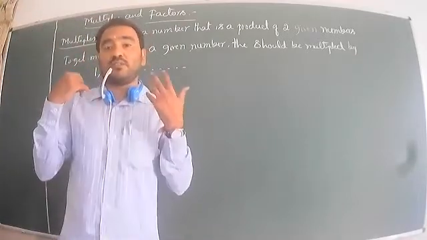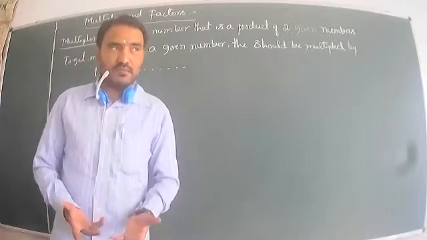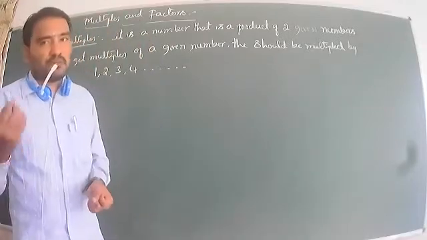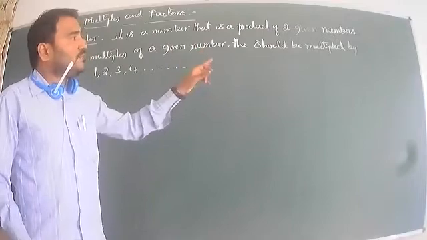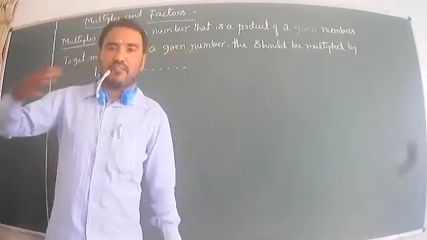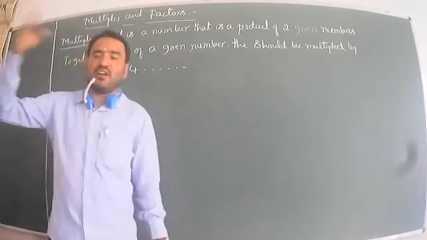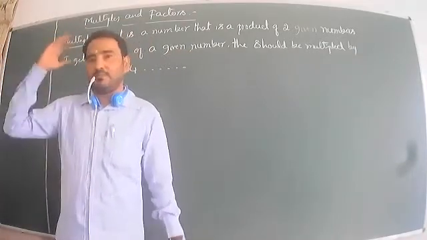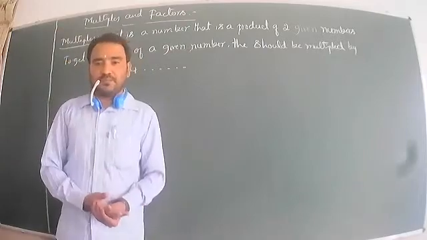To get the multiples of a given number, it should be multiplied by 1, 2, 3, 4, 5, 6, 7, 8, 9, 10, uncountable numbers. That is how we get the multiples.